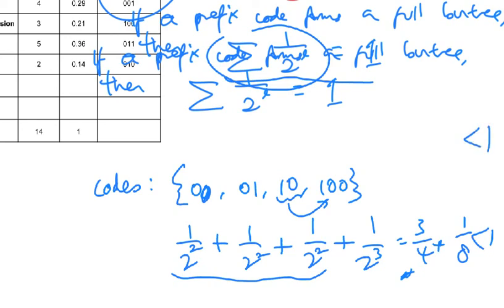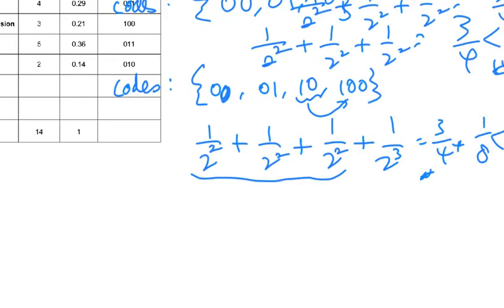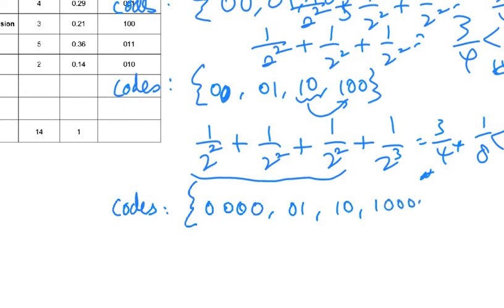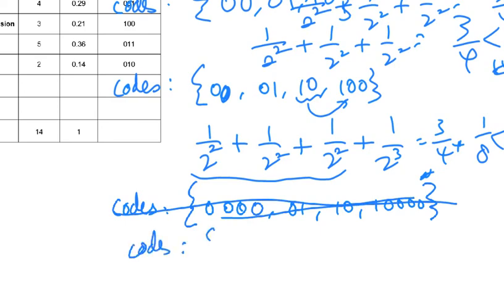But then a non-prefix code can be anything. What I mean by anything is that it can be something like this. Codes 00, 000, 01, 10, 000. That's another example. Or it can be like this: codes 0, 1, 00, 01.